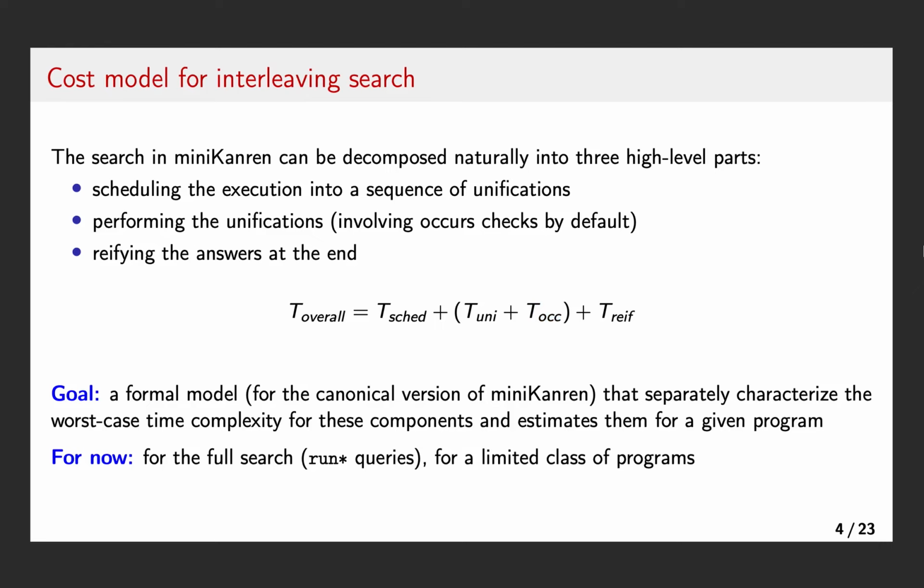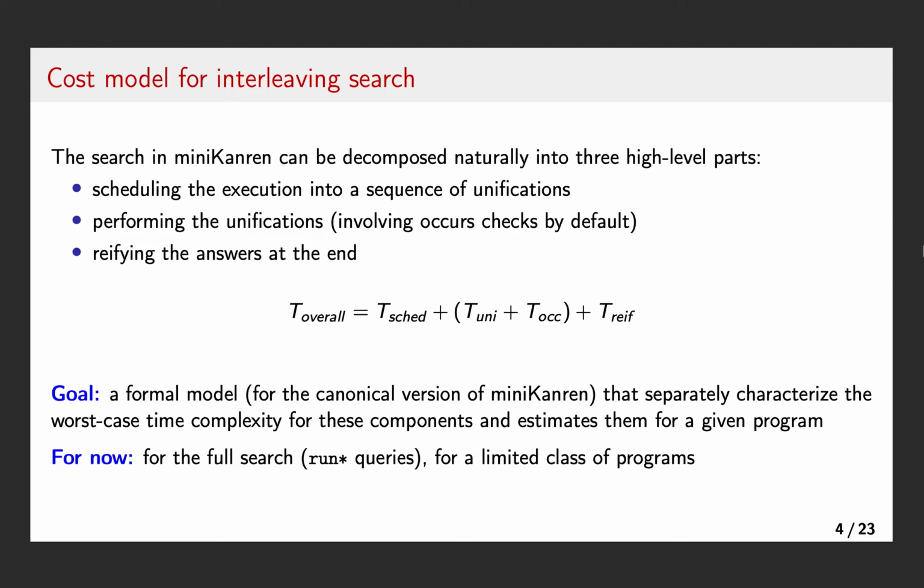Our goal is to construct a model that provides formal characteristics for all these components of time and can be applied to estimate their complexity for a given program. We have to choose some version of miniKanren as a basis, so we are focusing on the canonical version that is described in the book The Reasoned Schemer.